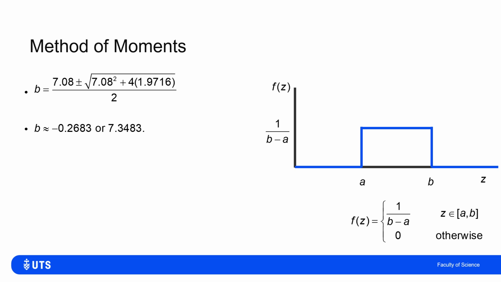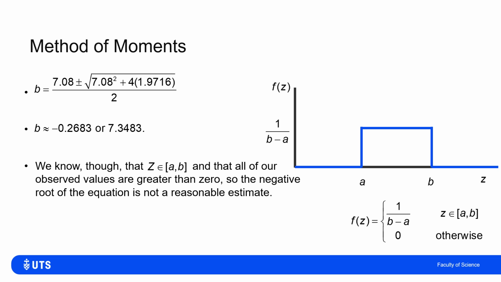Now if I look at those, one of them doesn't make any sense, because it is smaller than my smallest observation, and if that's the upper limit, it doesn't make any sense. So I really want the positive one of those. If I take the positive one for b, I say b has to be approximately 7.3483.